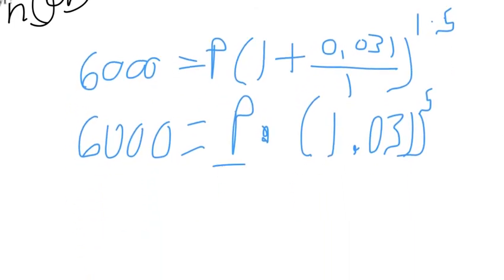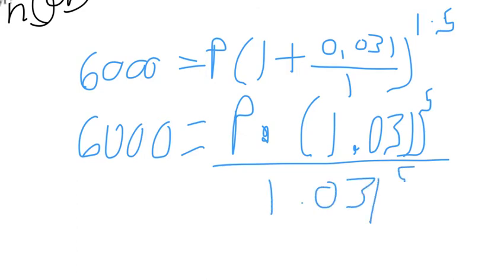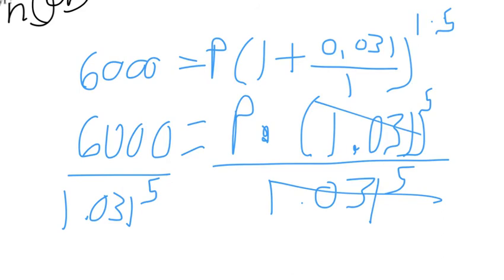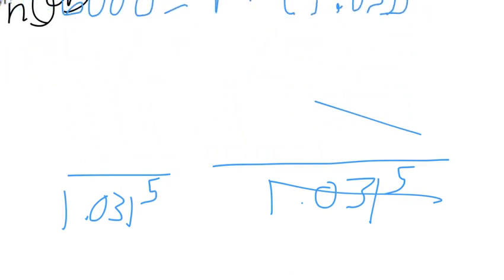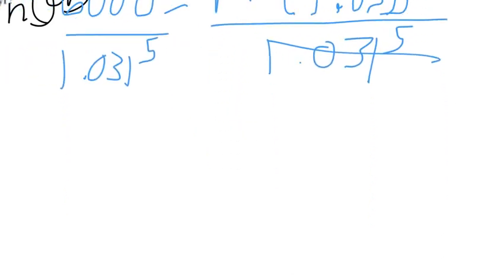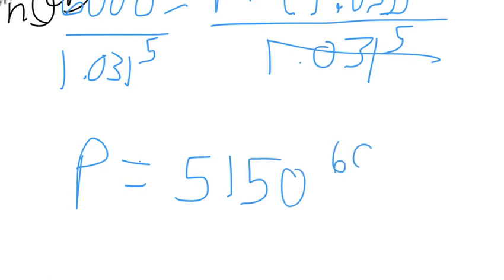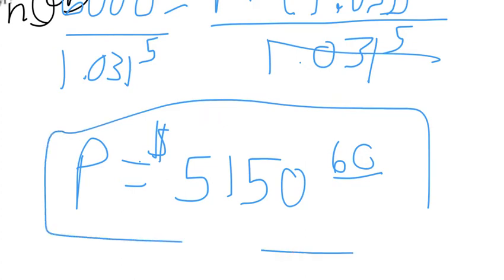So now, to solve for P, you have to divide both sides by 1.031 raised to the 5th power. And that tells you your principal amount would be $5,150.60, roughly. So if you have this much to invest, then you'll have $6,000 in 5 years with that interest rate.